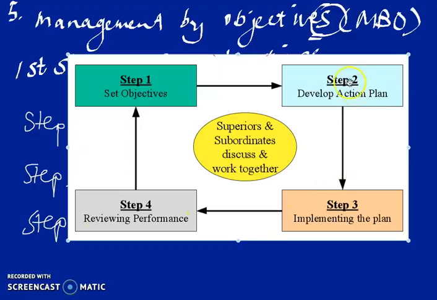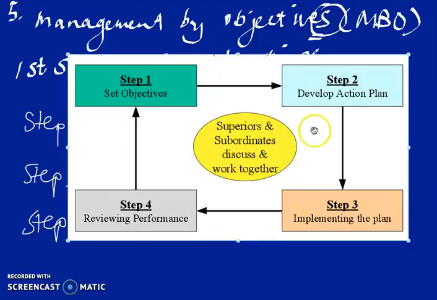And during this step 2, 3, 4, during the PIE stages, I'll start calling it PIE, managers and subordinates will have regular meetings to discuss their goals, progress, and their problems of action or execution. The workers are directly involved in setting their goals and execution plans.